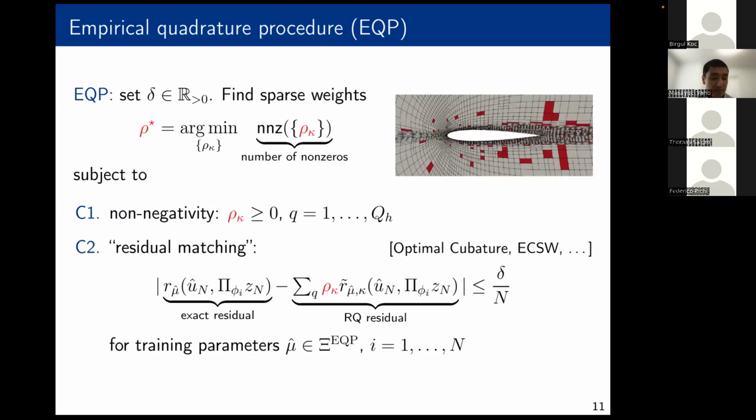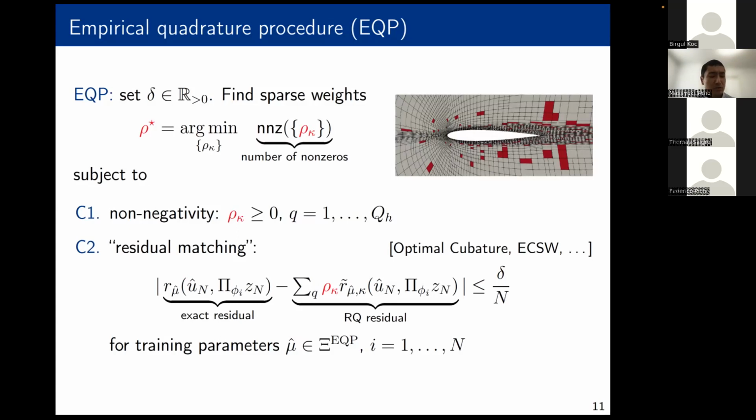One is non-negativity. All quadrature weights should be non-negative, and this is important for stability reason. And then we also impose residual matching condition. What this condition says is that we first introduce a set of training parameter set, xi EQP.